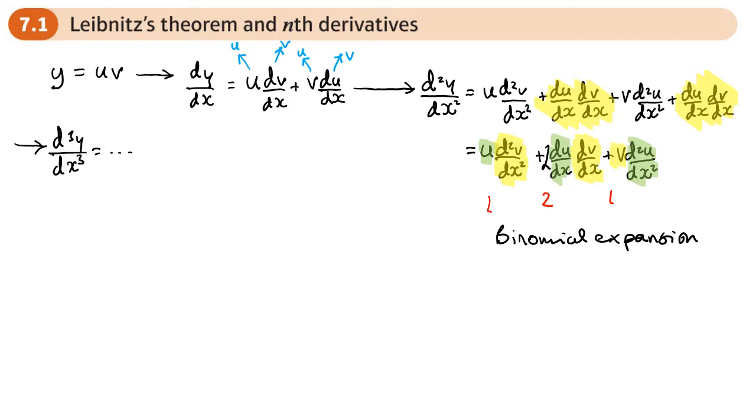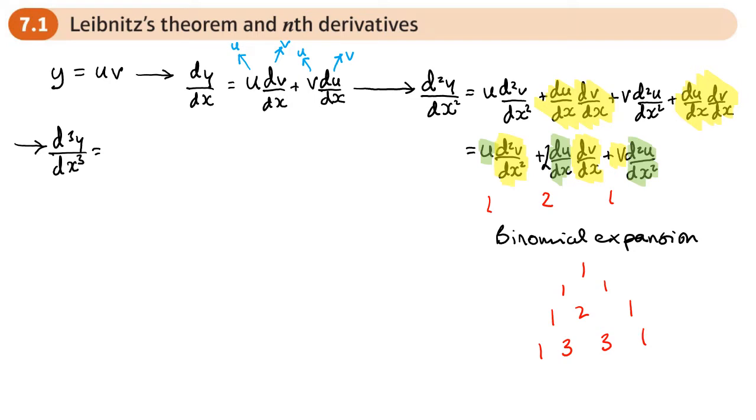So for example, if I wanted to work out what d cubed y over dx cubed was, just by using the pattern, first of all let's work out the coefficients using Pascal's triangle. 1, 2, 1, so the coefficients are going to be 1, 3, 3, 1.